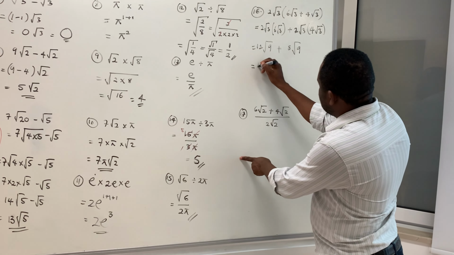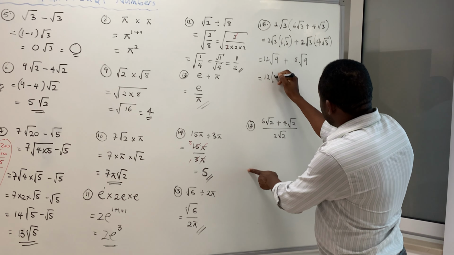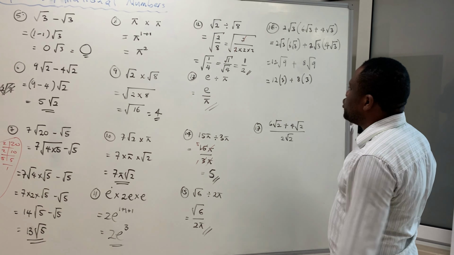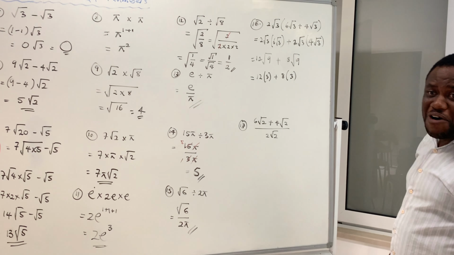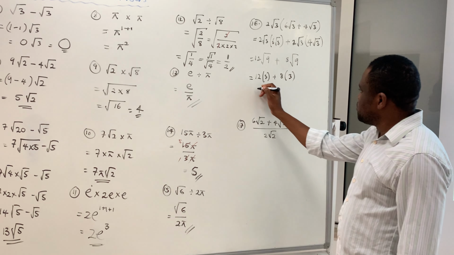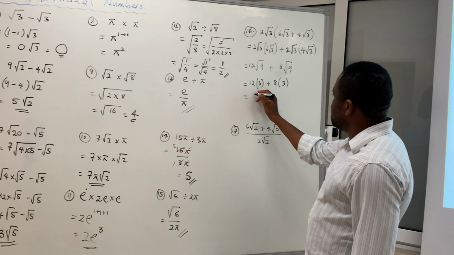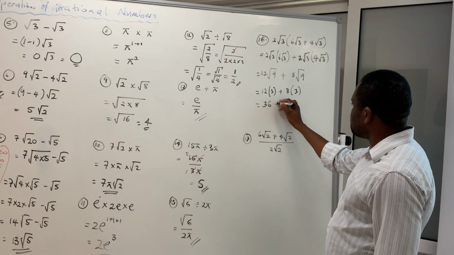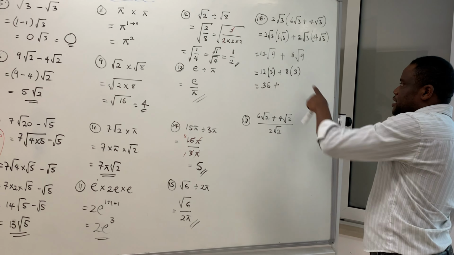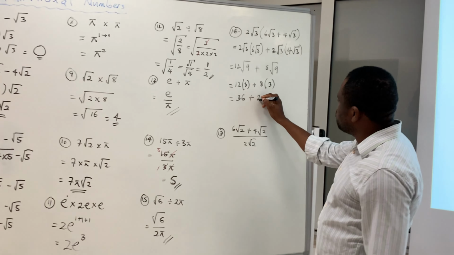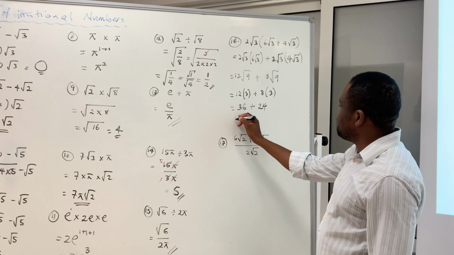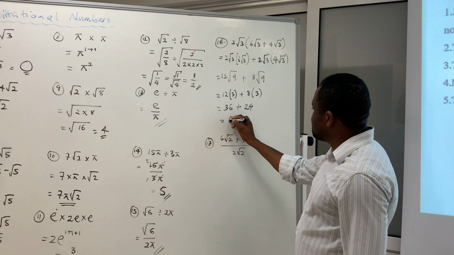So I can say 12 times 3 plus 8 times 3. No more roots. No more radical number. So 12 times 3 is 36, plus 8 times 3 is 24. Now 36 plus 24 will give us 60.